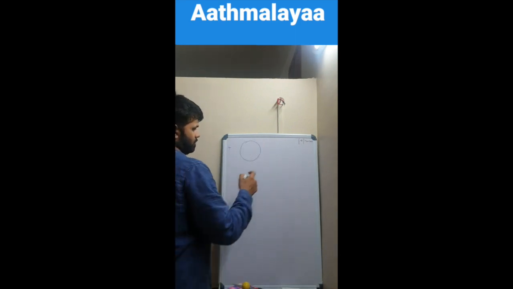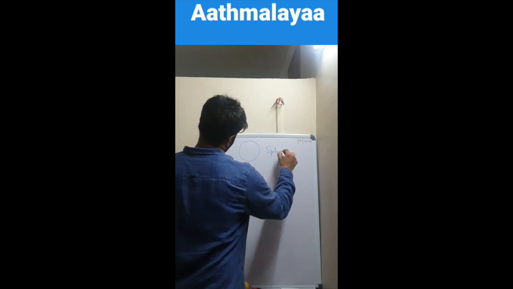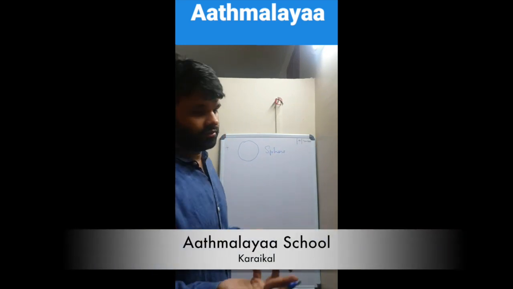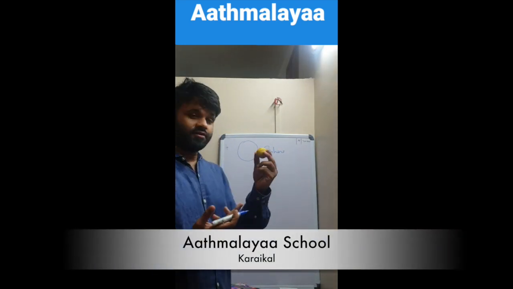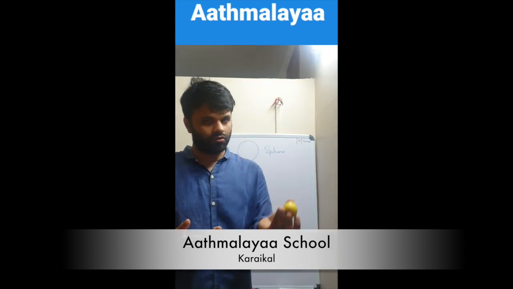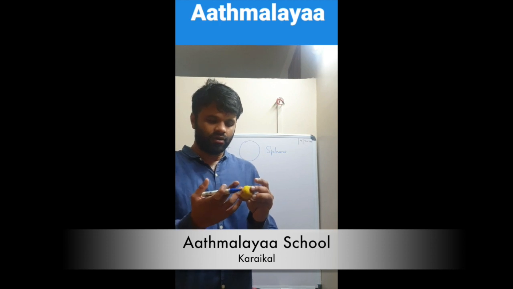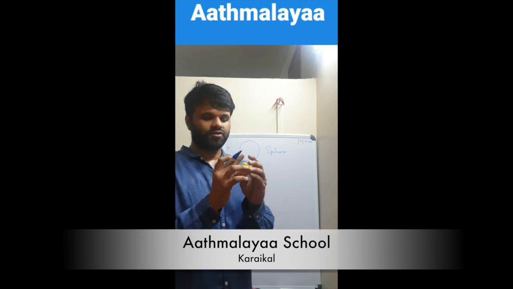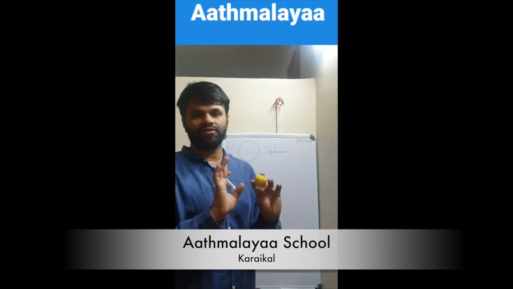Sphere. The best example I can give of a sphere is Earth. I just have a lemon right now, so this is an example of a sphere. It has no edges, it is just one surface, the whole curved surface, that's it.